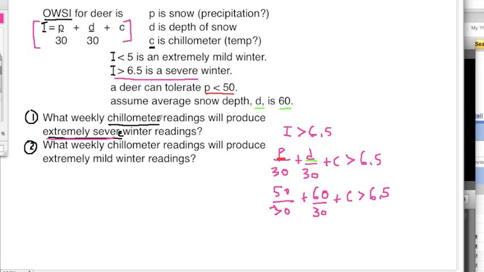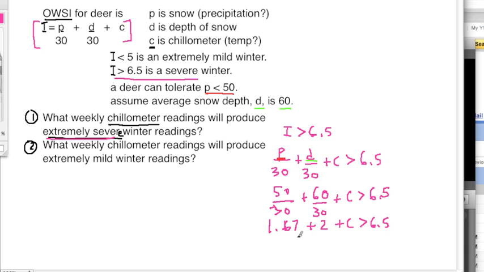What are the chilometer readings, the C, that make for extremely severe winter readings? So now this is very straightforward algebra.